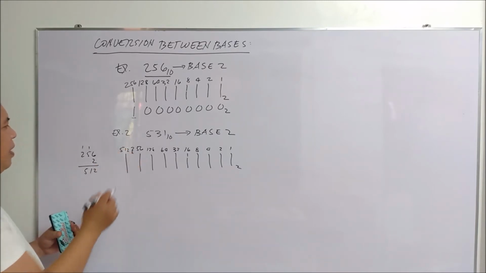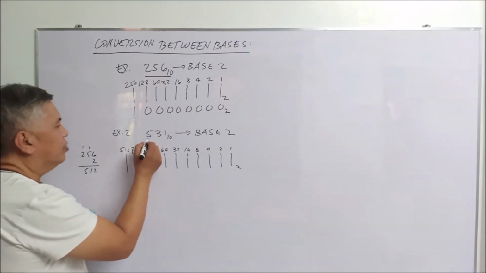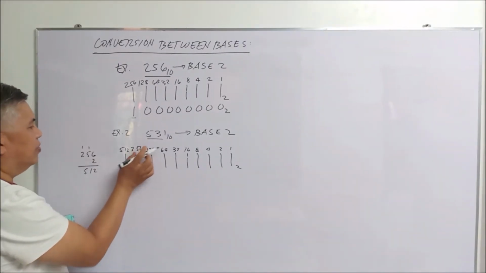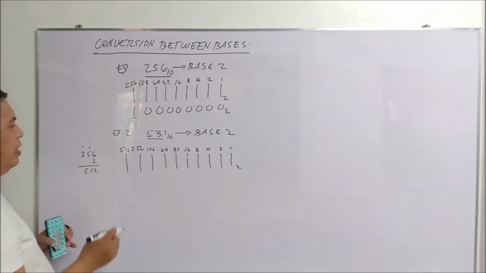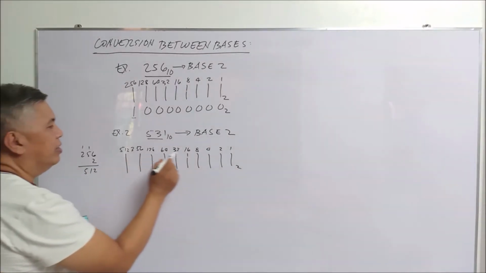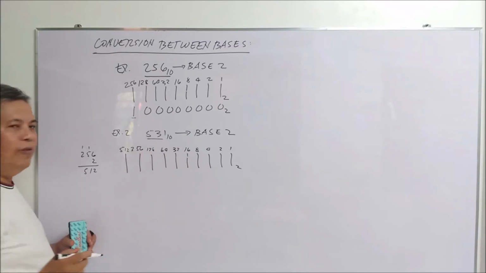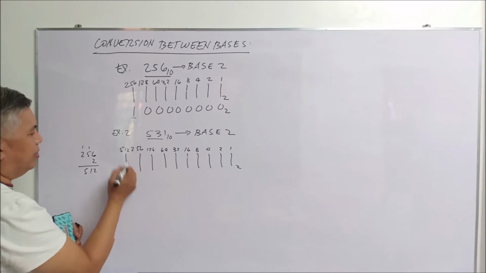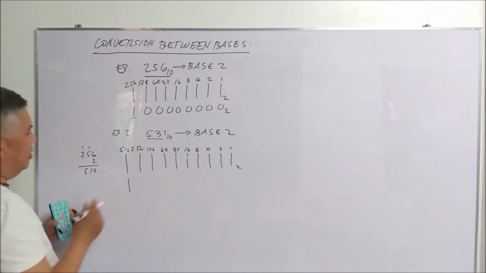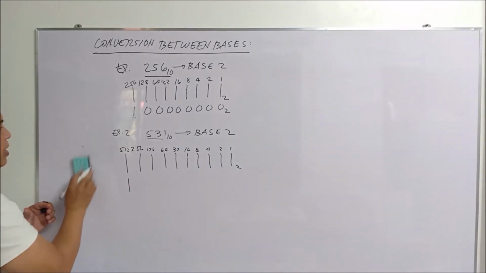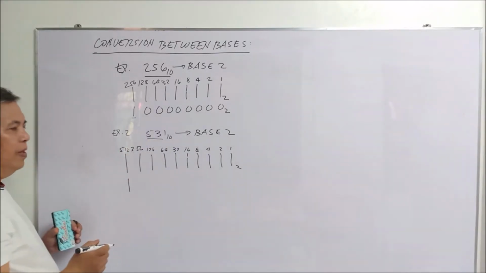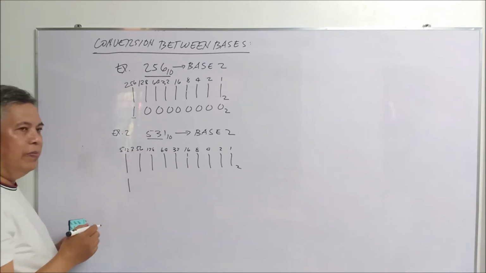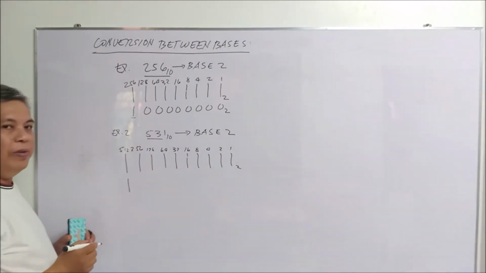Now, you notice that 512 is still smaller than 531, so we will include 512 here. Okay? Then, we find numbers here that once we add become 531. For example, this one here, 512, we should make this 1 because it's still less than 531. Now, if we add 256 to 512, it is bigger than 531.